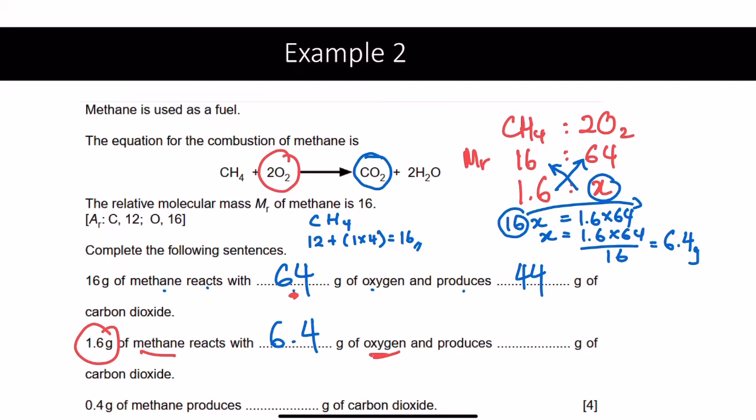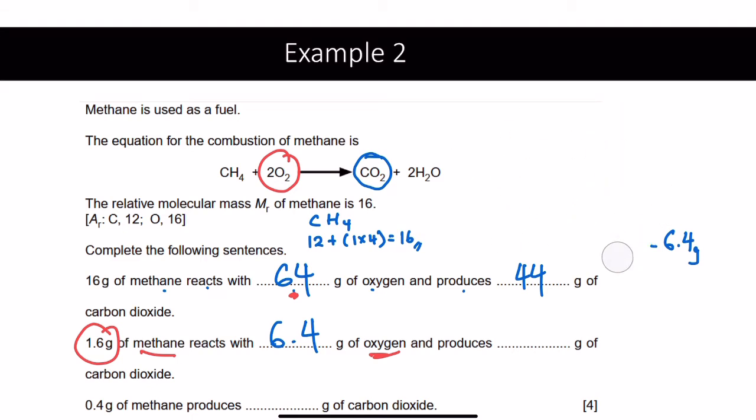Next part, we have 1.6 gram of methane will produce how much of your carbon dioxide. So what are the two things we need? Your methane and your carbon dioxide. So I'll erase this working, alright? So we need methane, CH4, and we need carbon dioxide, CO2.